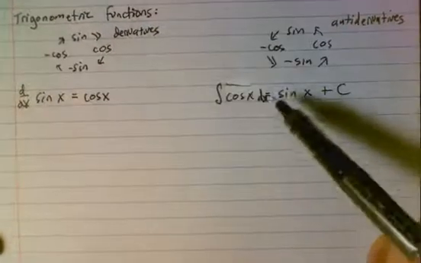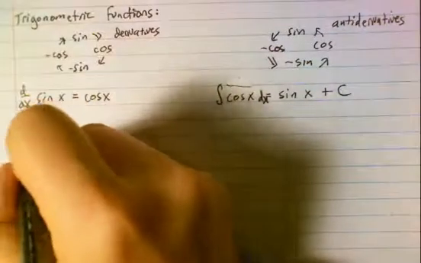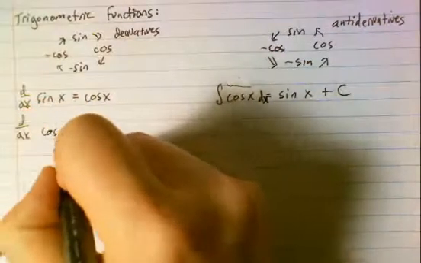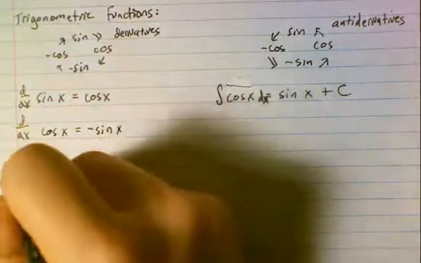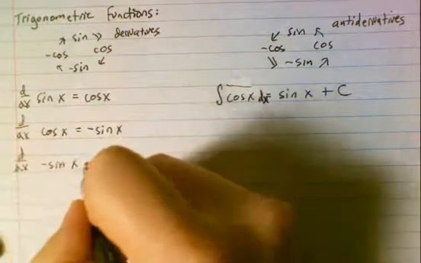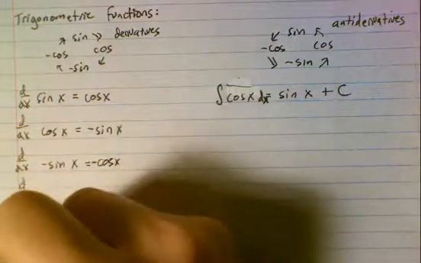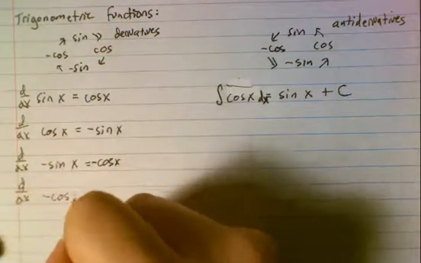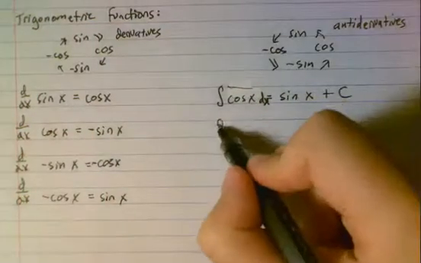So you're going to have a set of rules just telling us this. We know the derivative of cosine of x was negative sine of x, derivative of negative sine of x was negative cosine of x, derivative of negative cosine of x was sine of x. Here, just going the other way.